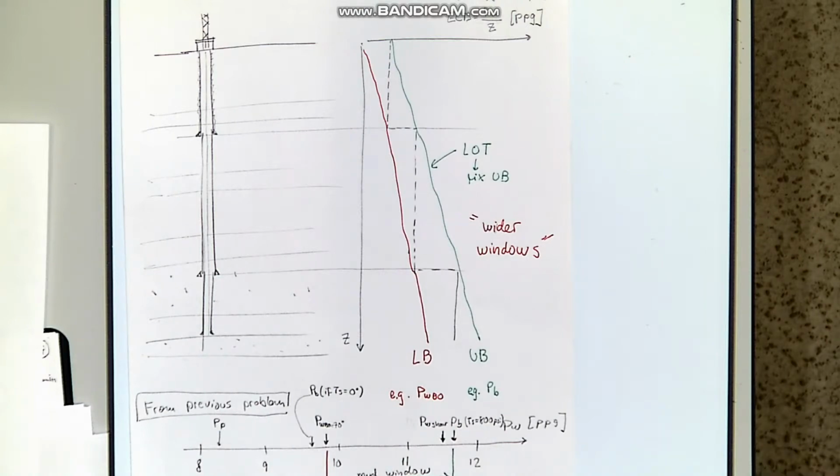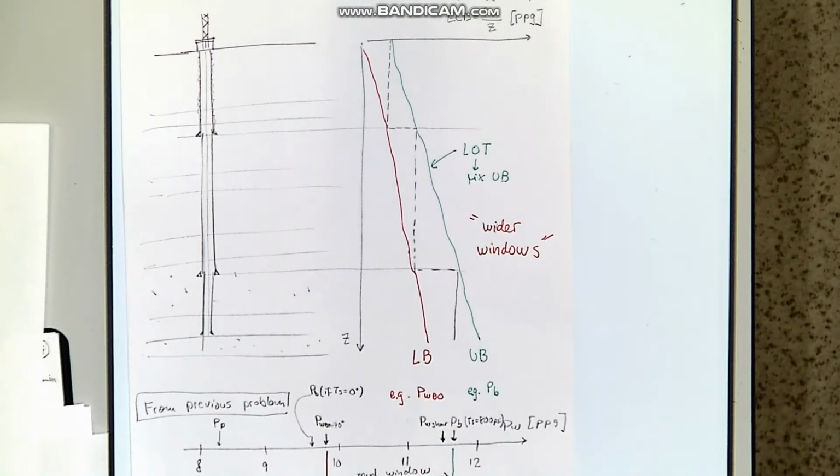I don't know if you guys have taken a class from Dr. Gray, but Dr. Gray has worked almost all his life on trying to understand this a little bit better, and he has a research project which is called wider windows, because the objective of wellbore stability analysis is to enlarge these windows to improve drilling.